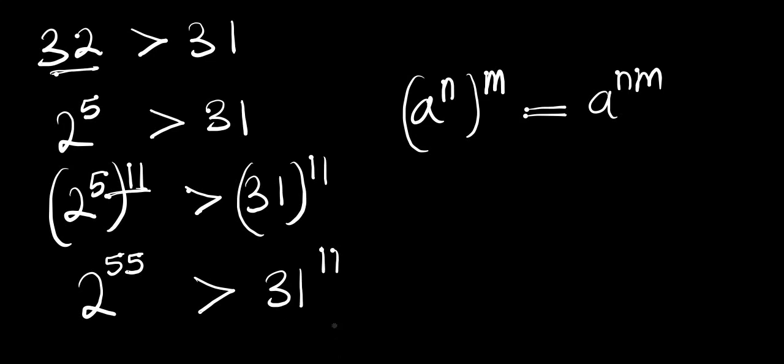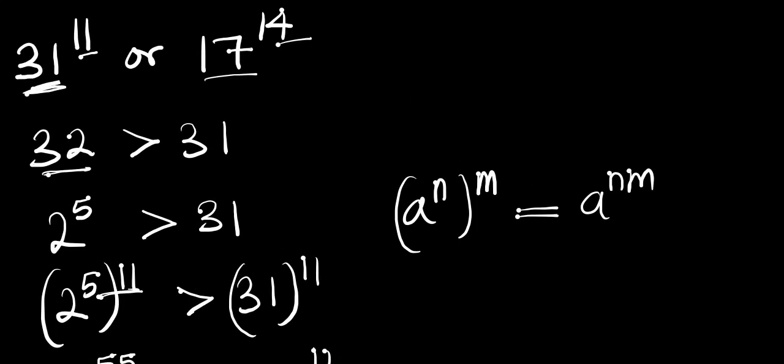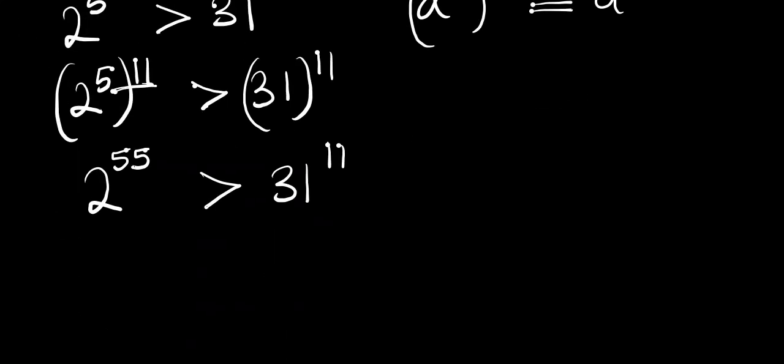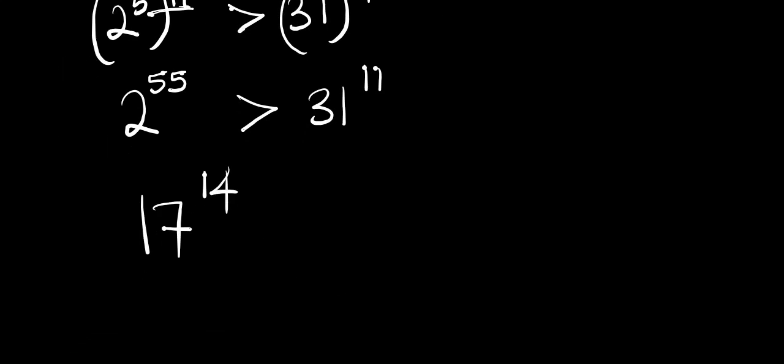Now, let's also consider the other number. Here we have 17 to the power of 14. And I will also make use of the next available even number, and that will be 16, because I can as well express 16 in index form as 2 to the power of 4.